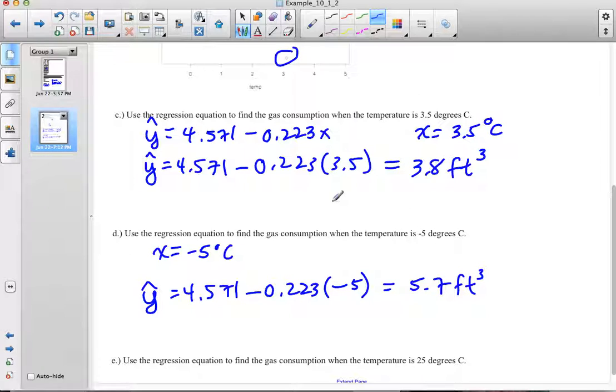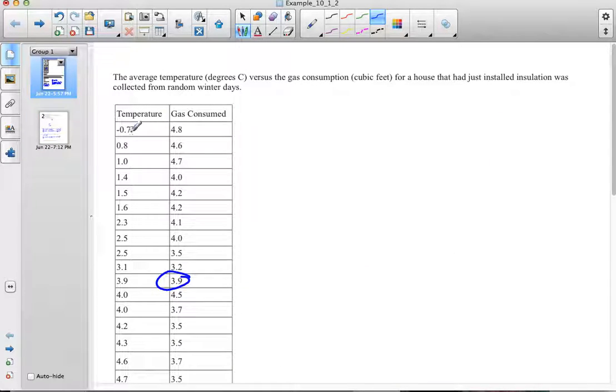So if I go back and look at my data again to see how well that fits it, I notice I don't have a negative 5. The lowest value I have is actually a negative 0.7 for my temperature, so negative 5 degrees Celsius is pretty far away from my data, and 5.7 doesn't look like it's too far off. I don't know how great it actually is, but it's not too far off.